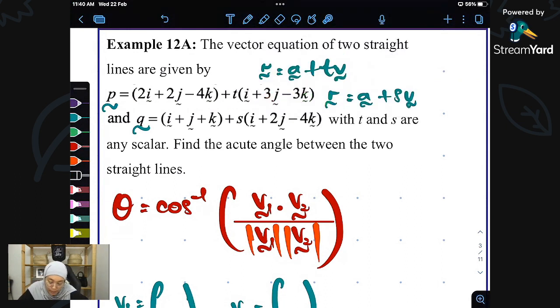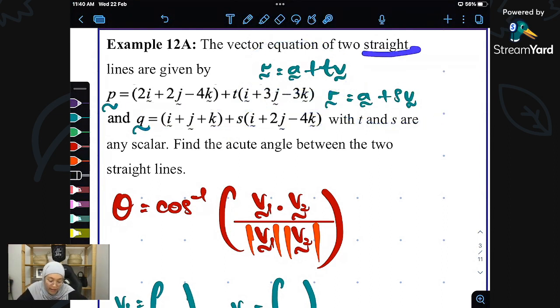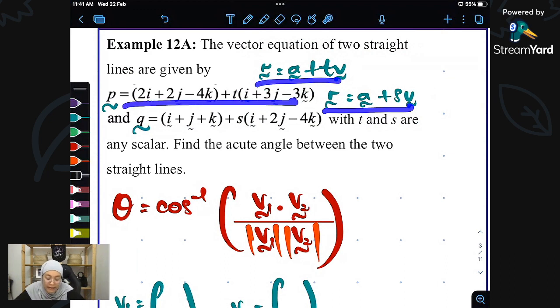So don't be afraid of it. It is just using the constant t and the constant s over there. So both of them are just the same equation of line. In fact, it is indeed called the equation of line. So we are so happy. What is important is that you recognize this form of question, where the vector is given in the form a plus tb or sb.